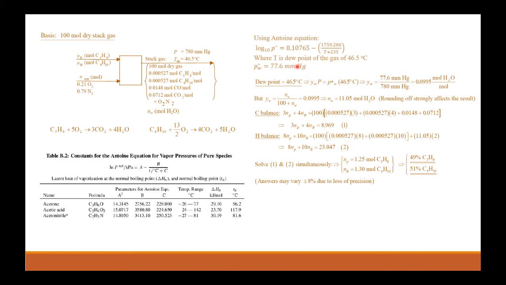Moving on, you have found the vapor pressure of your water. You are given that your dew point is 46.5, and we have calculated for this.